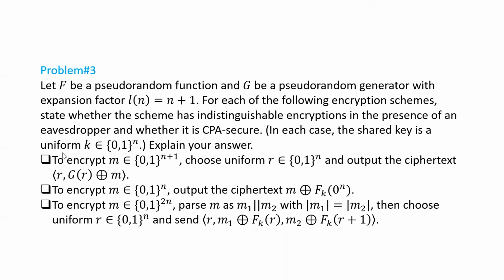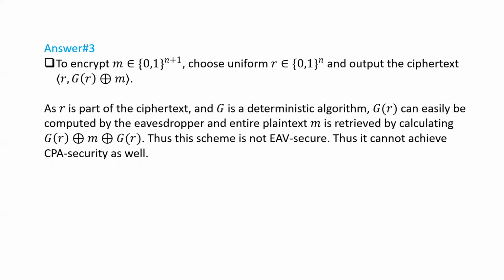Now you have been given three different scenarios. We will analyze them one after another. The first construction is that to encrypt M of length n plus 1 bits, choose some uniform R of length n and output a ciphertext that has two parts. The first part is R itself, and then G of R XORed with the message M. If you see, clearly this R, although uniformly randomly chosen, is provided as part of the ciphertext itself.